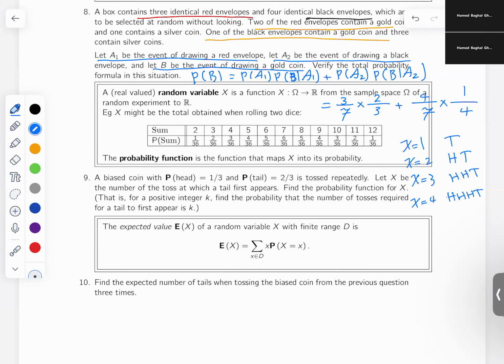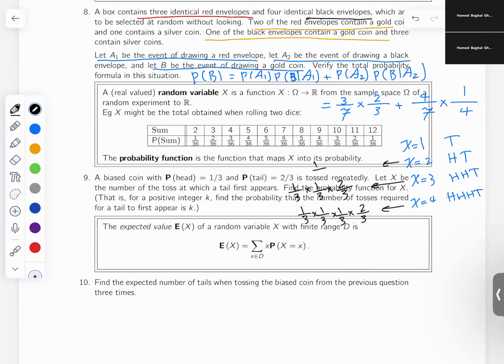What's the probability of each of these scenarios? For this one is 1/3 times 1/3 times 1/3 head times tail 2/3. This one is 1/3 times 1/3 times 2/3.